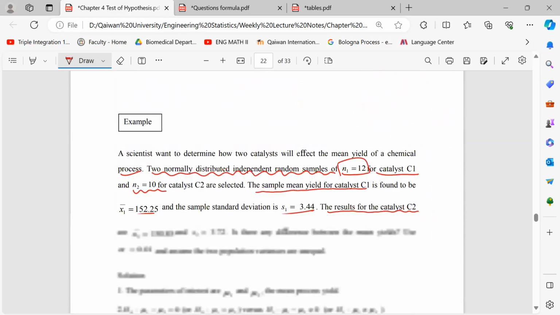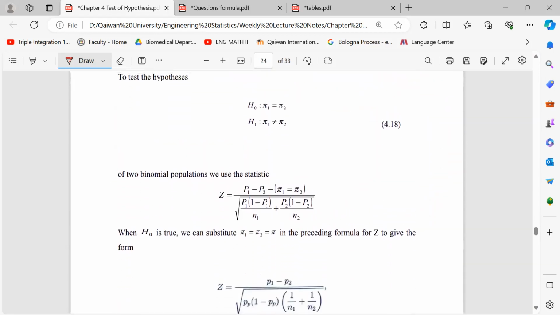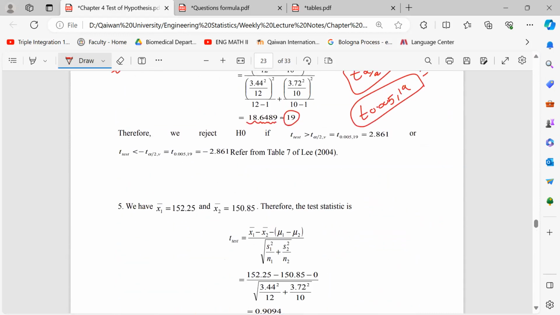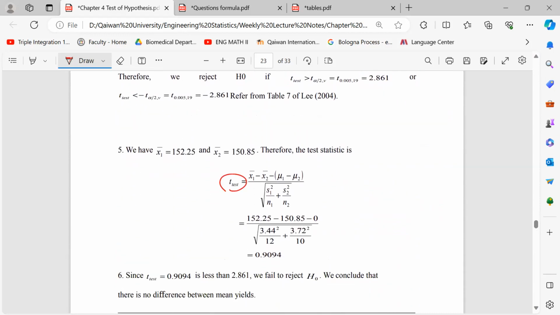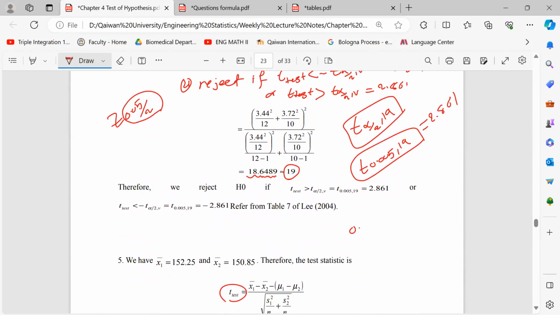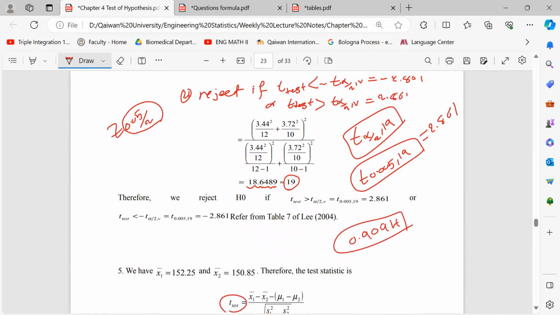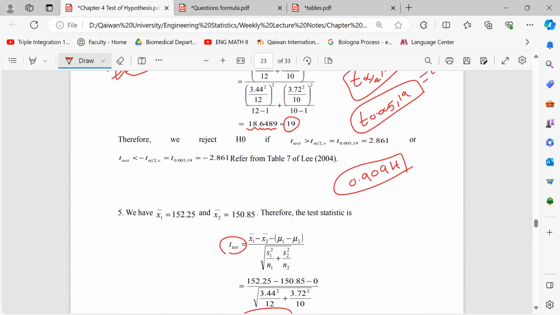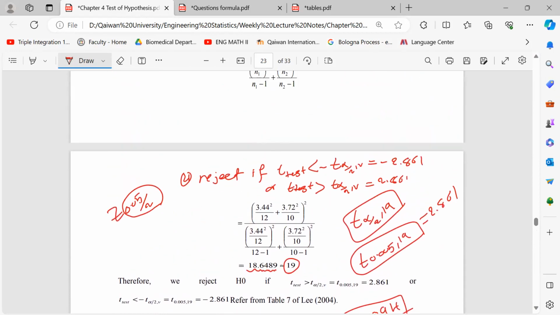Now, in step 5, we need to calculate the t-test. Just calculations, we get 0.9094. Comparing this with these two: is it less than this one? No. Is it greater than this one?